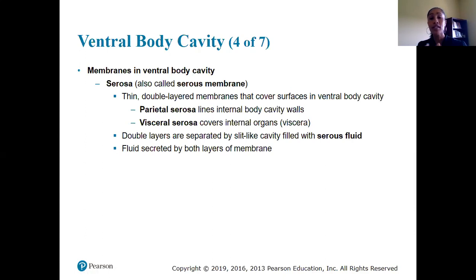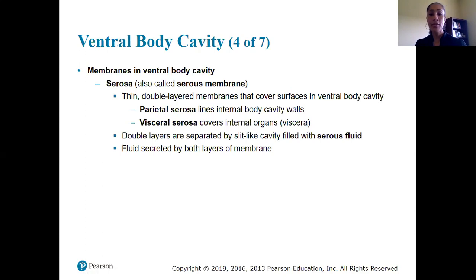So we've got two layers of these serous membranes. We have the parietal serosa, which is going to line the internal body cavity walls. And then we have the visceral serosa, which will actually cover the organs. And the visceral serosa will actually be the outer layer of the organ that we're talking about.